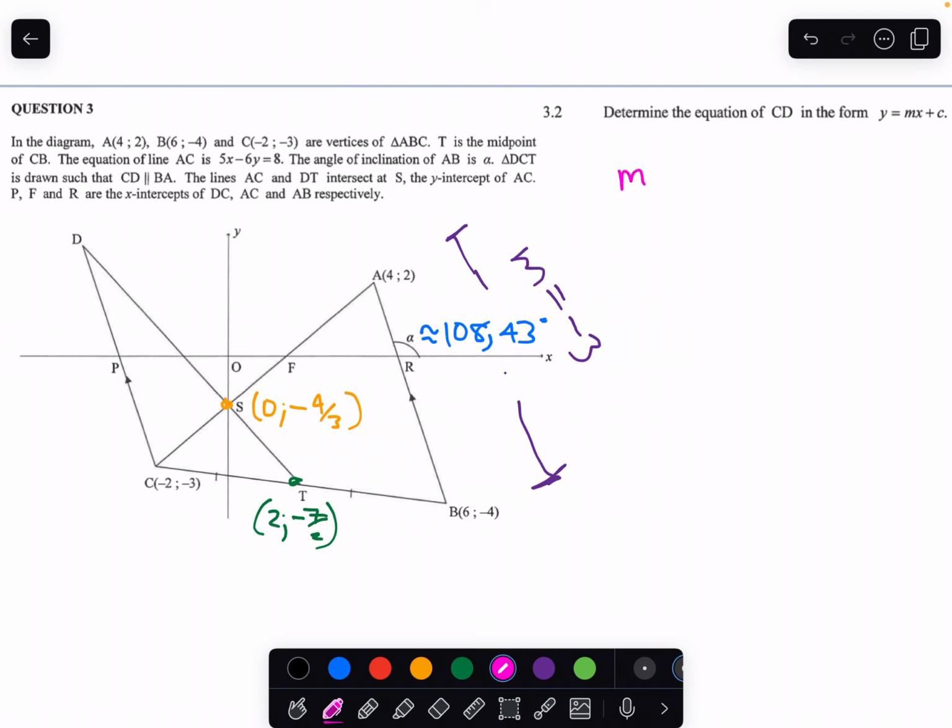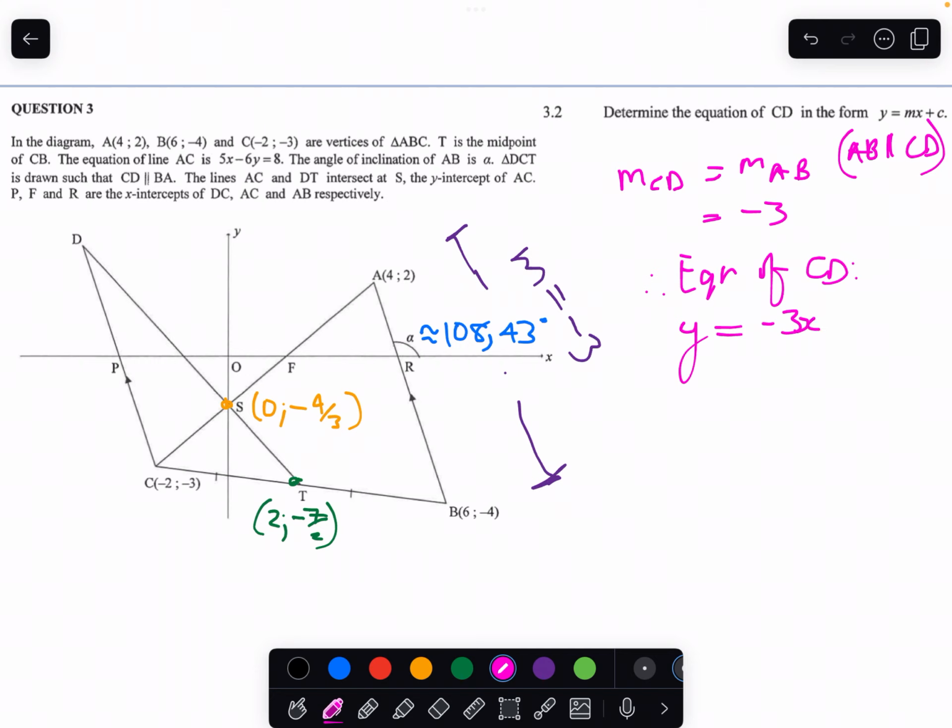So the gradient of CD is equal to the gradient of AB because AB is parallel to CD, and so it is equal to minus 3. Therefore, the equation of CD looks something like y is equal to minus 3x plus c. So then we sub in the point C, and we have minus 3 is equal to minus 3 times minus 2 plus c.